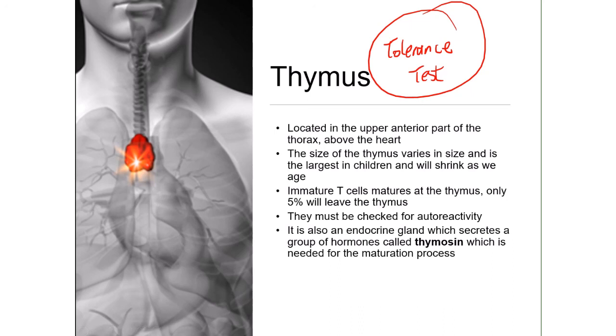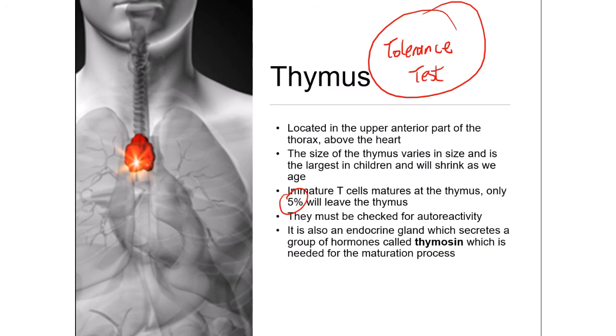It turns out only 5% of the T cells pass the tolerance test. That means up to 95% of the T cells that you create are going to be destroyed, because if you let them out of your thymus, they are going to end up attacking your own cells.